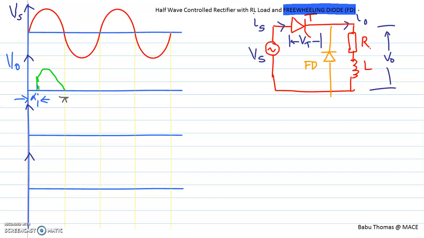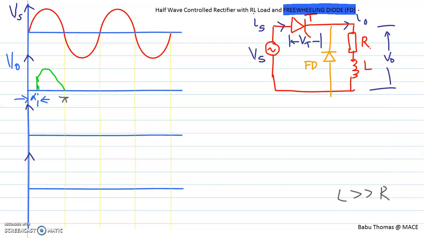Here we are making another assumption, that the inductance is much greater than the resistance R. That means the current will take more time to reach the zero value, and therefore you can consider that the system has a continuous conduction current.